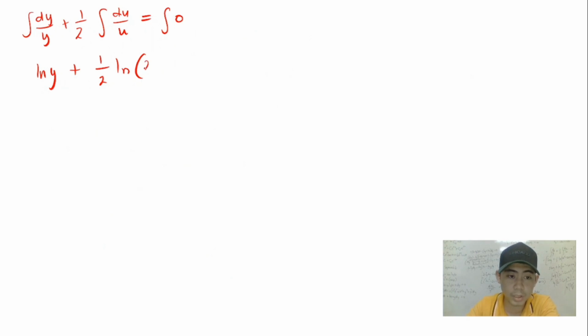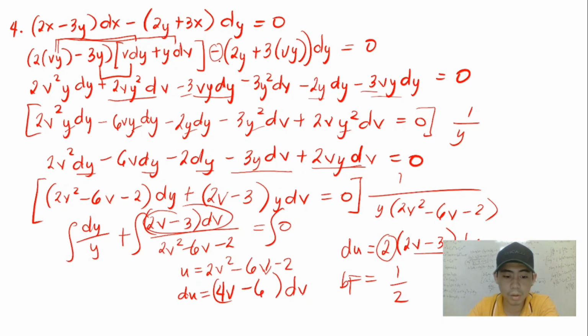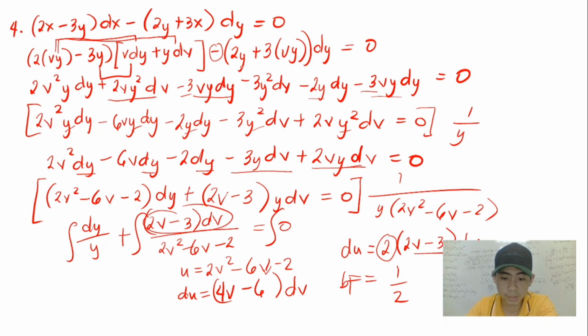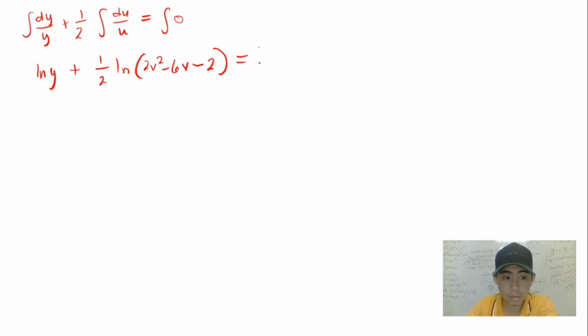Si 2v squared, okay, minus 6v plus or minus, tama? Minus 2 mga lods. Okay? So, minus 2 natin. 0 to. So, minus 2. Minus 2. Okay? After nyan, is equals to ln of c mga lodi.